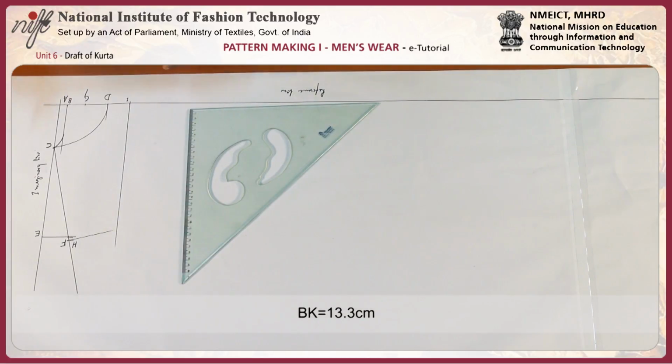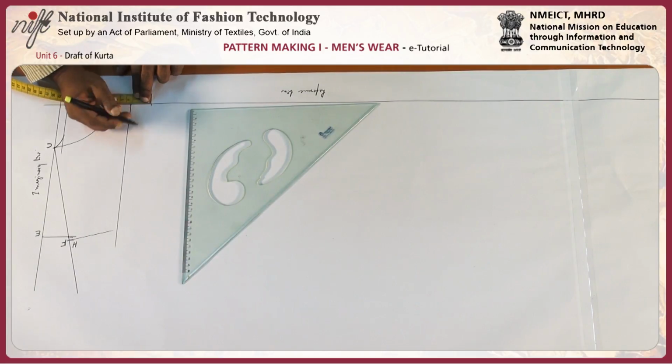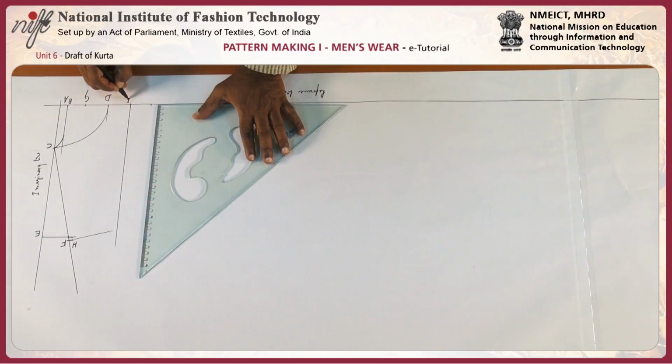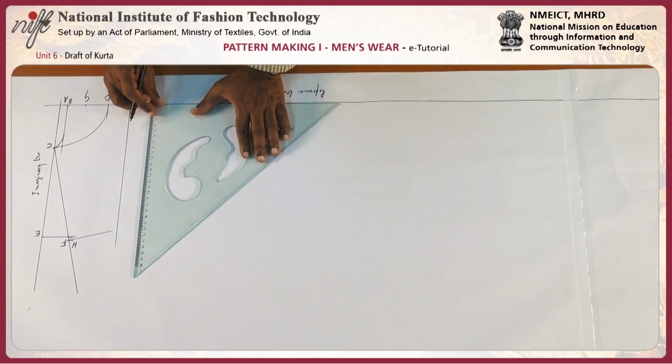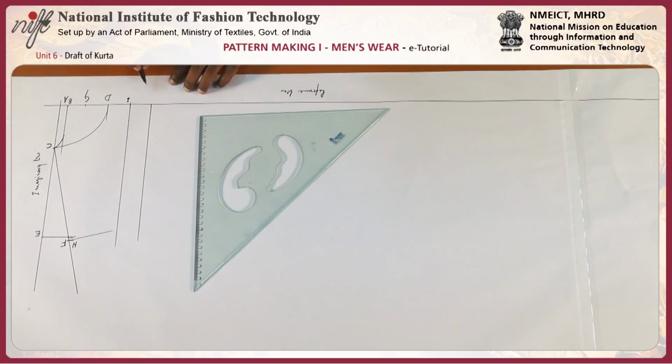B to K is 13.3 centimeter, which is to measure across chest for the front armhole. Point K also can be squared out. So this is K.